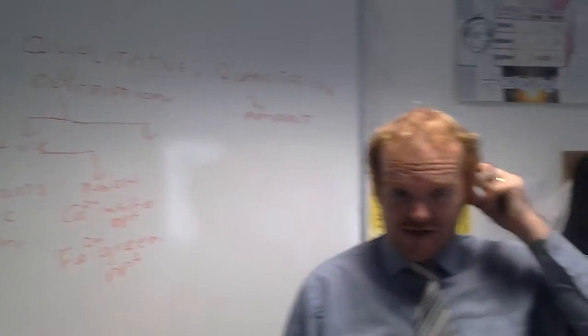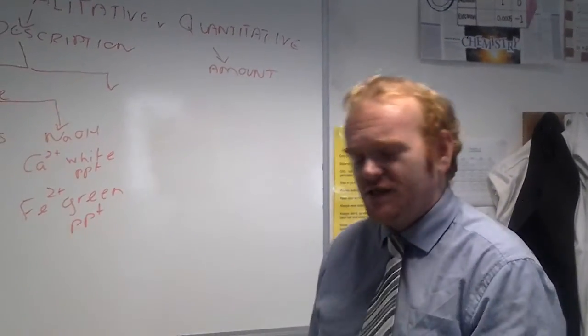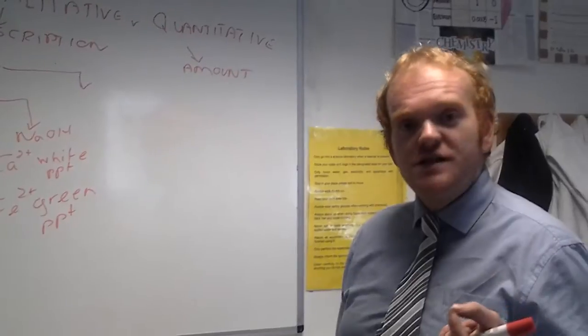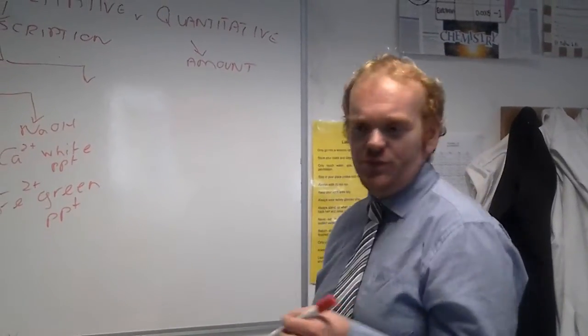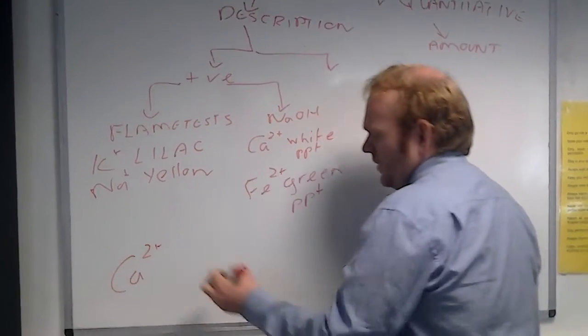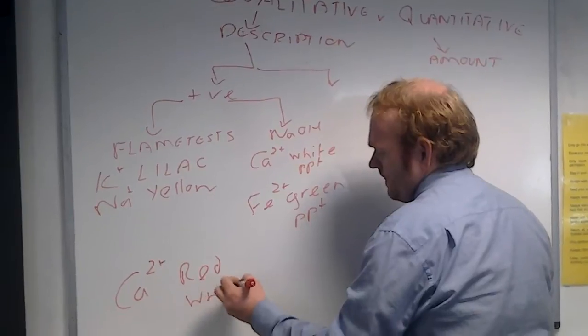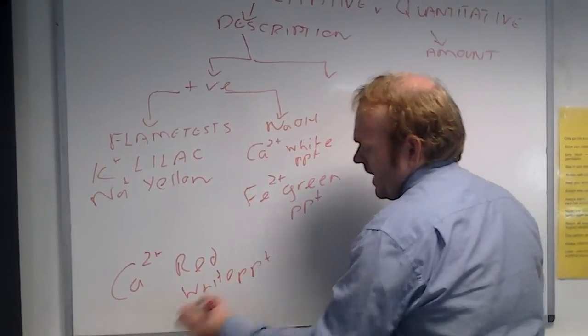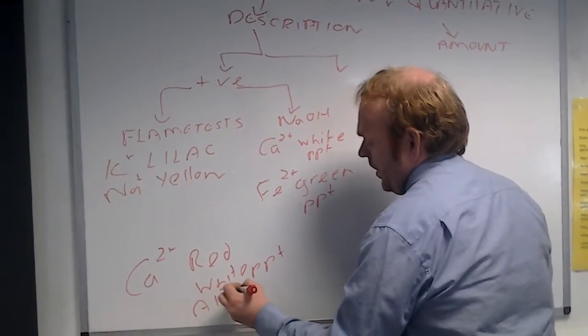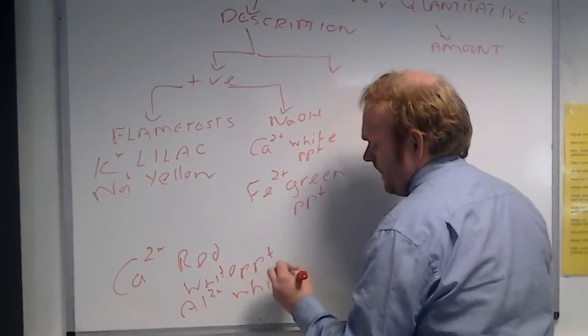What you've looked at so far is when you use these tests, and whether you only need to use one, or you need to use both of them. For example, calcium will give a red flame, and it will give a white precipitate. Aluminium will give no flame, but will also give a white precipitate.